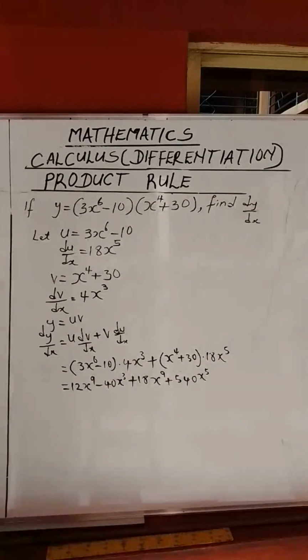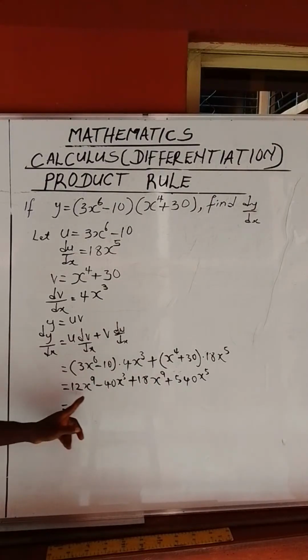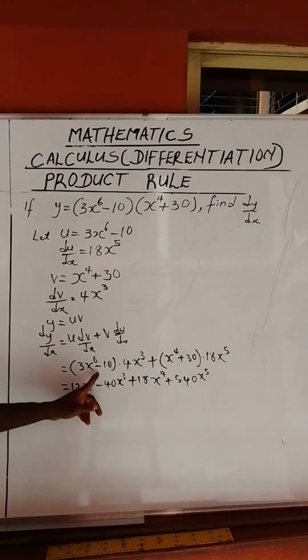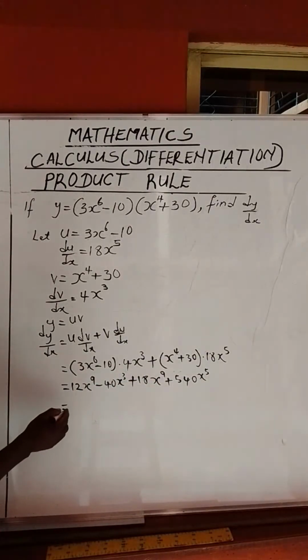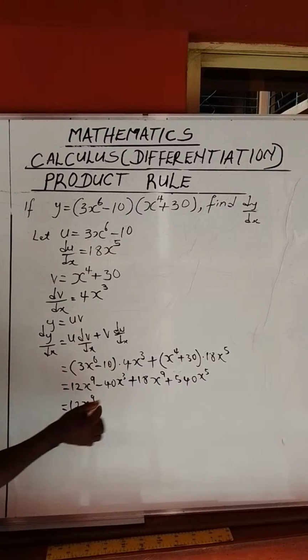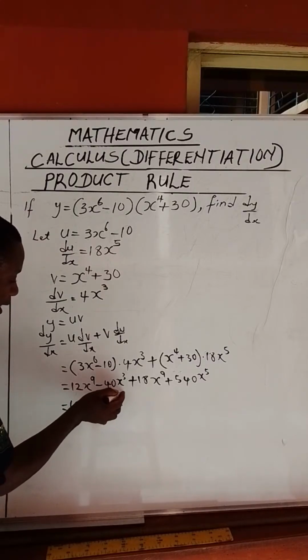So in this case, we are going to bring in similar terms and add them up. We can see here we have 12x raised to 9 and 18x raised to 9. So we bring these similar terms together. We have 12x raised to 9, then add 18x raised to 9.